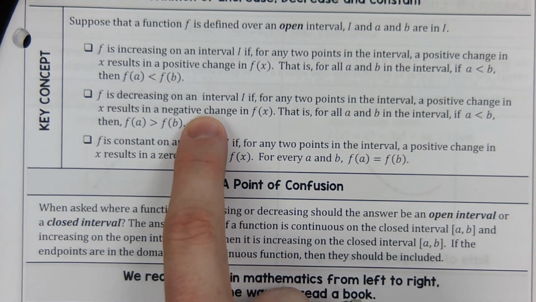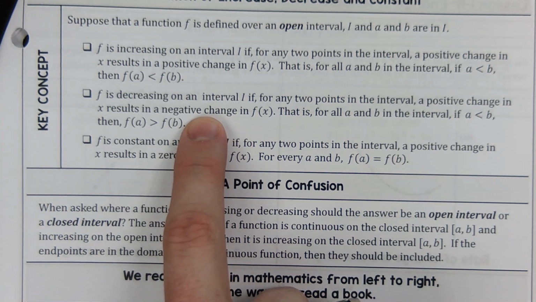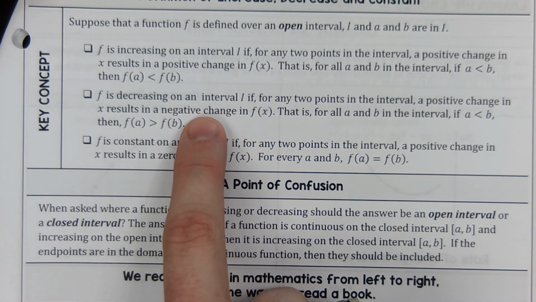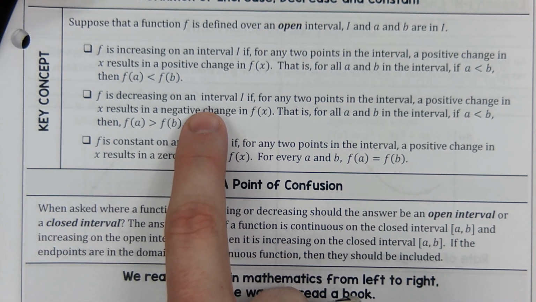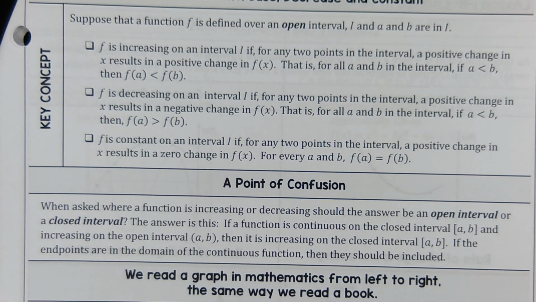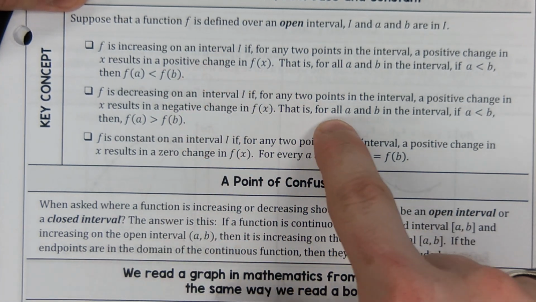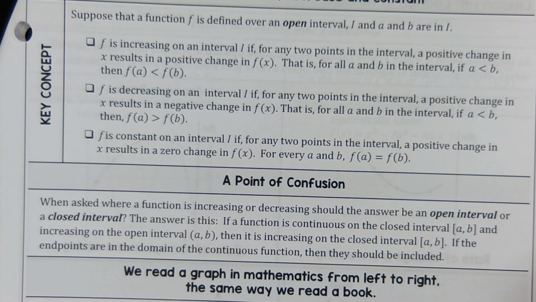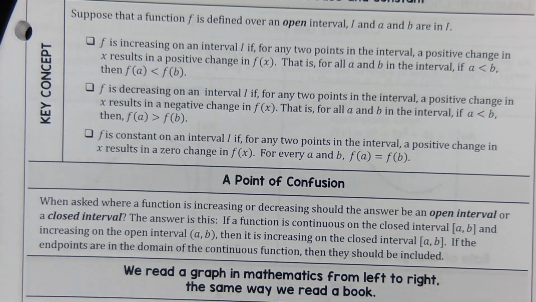Decreasing. Everything is from left to right. So as x gets bigger, y gets smaller. So that's going down as you go from left to right. If it's a roller coaster, as you go from left to right, your roller coaster's falling. Whee! Okay?